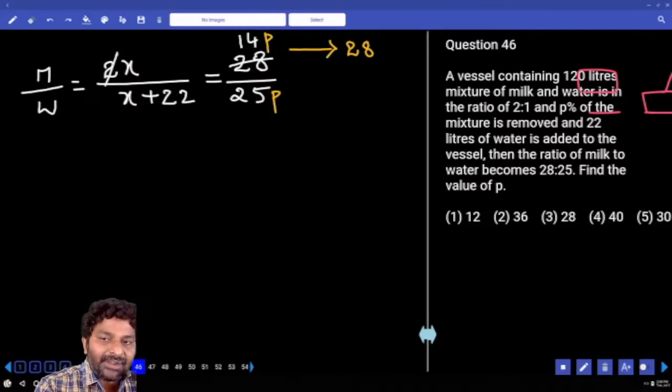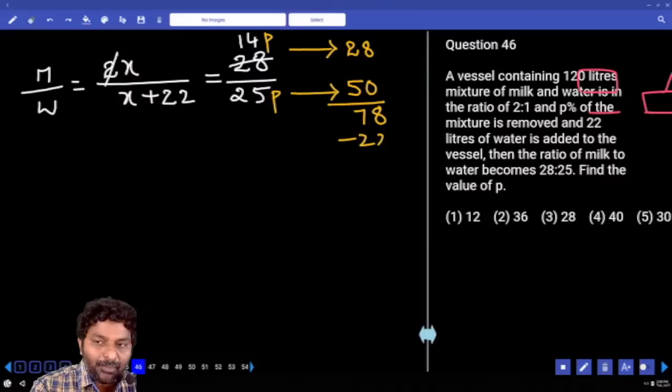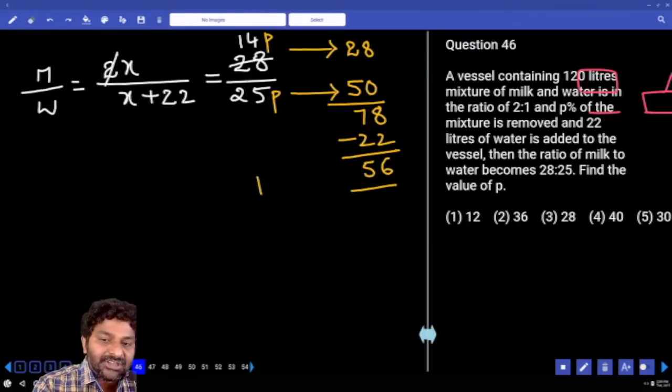28, and 25 parts is equal to, now what is the quantity that you have? 70. That 78 is including extra 22 liters that we have added. Now, if you subtract that 22 liters, how much quantity you have? Come on. So, initially it was 120 liters.